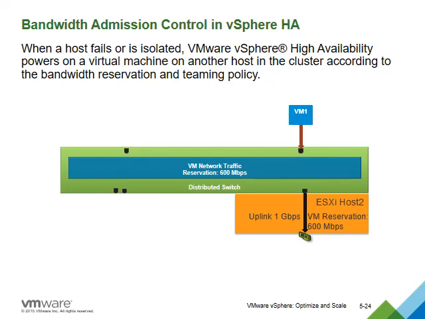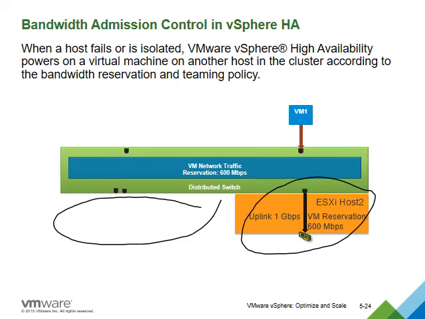If it can't be met and there was another host and this guy couldn't meet it, it's going to be brought up on the other host. When this ESXi1 comes back up and he can't meet this reservation, then he'll be moved back over to ESXi1.